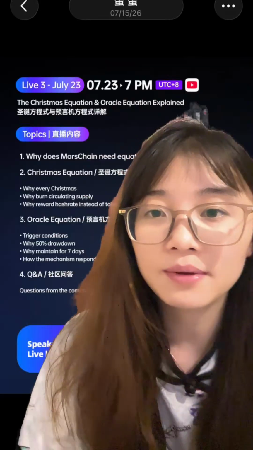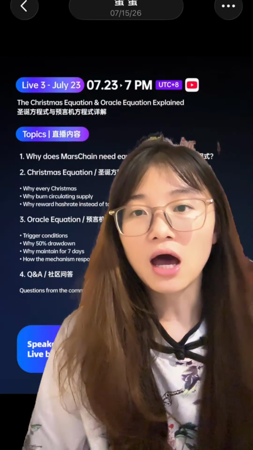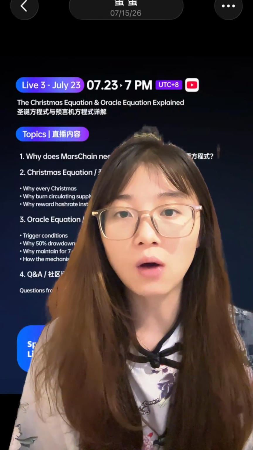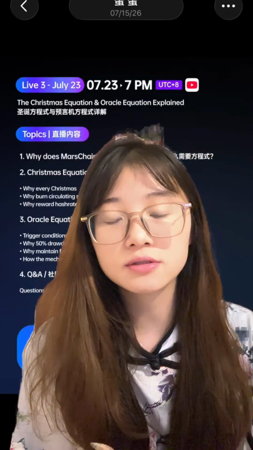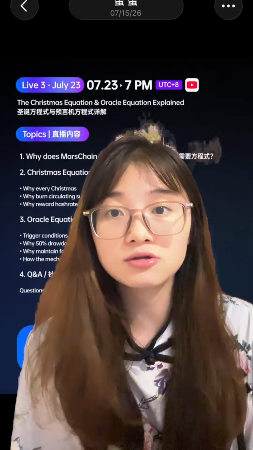And let's continue the topic here about the third one, the oracle equation. The Christmas equation and oracle equation are very special mechanisms in our Mars tokens. With the two mechanisms, we want to combine the time and the contribution rates and discuss this together into two protocols.